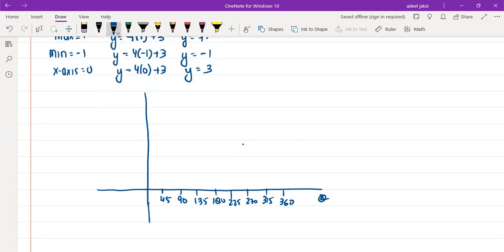Now you need to understand that my minimum value was minus 1, my x-axis has been shifted toward 3, and this is your maximum value at 7.